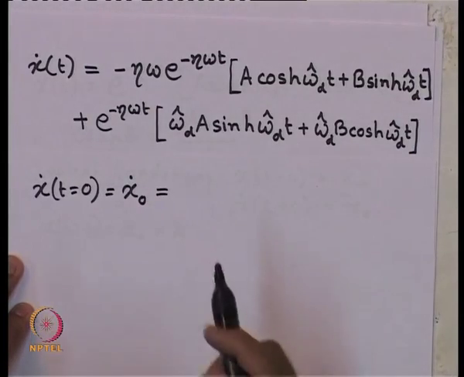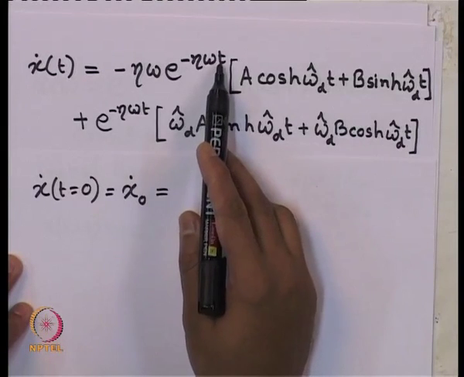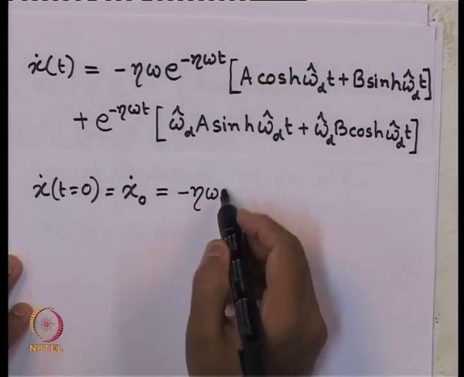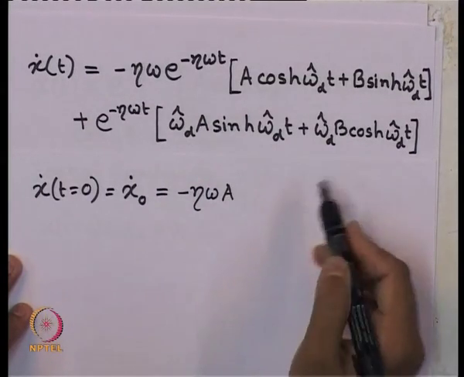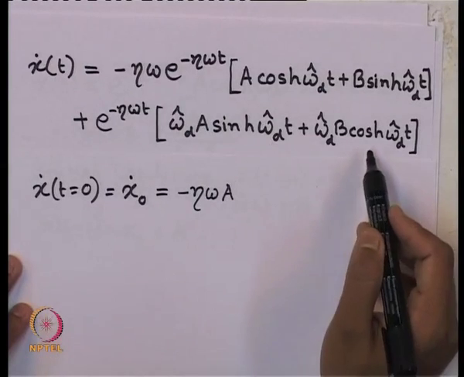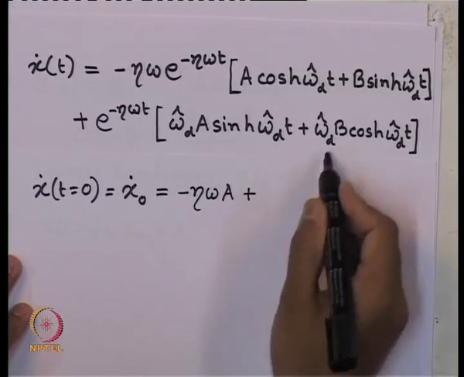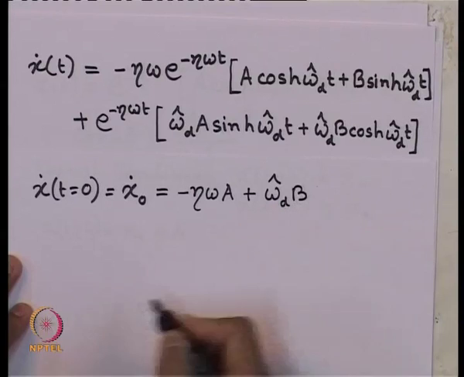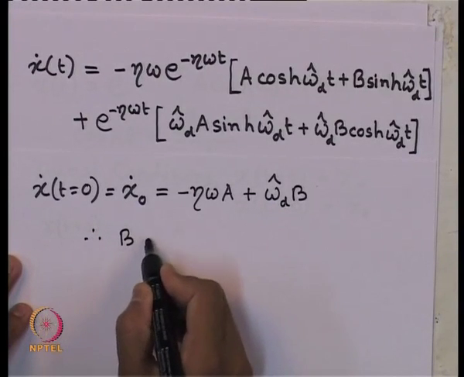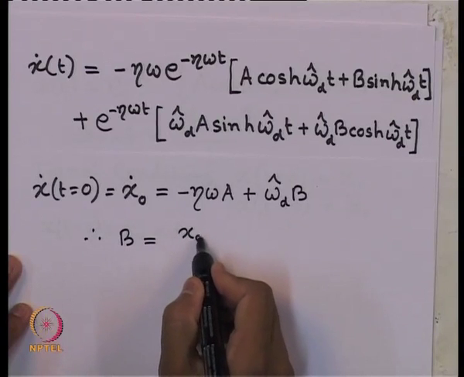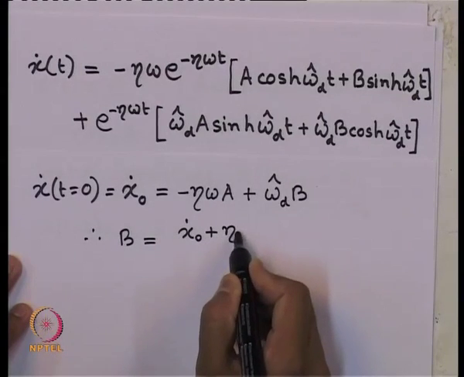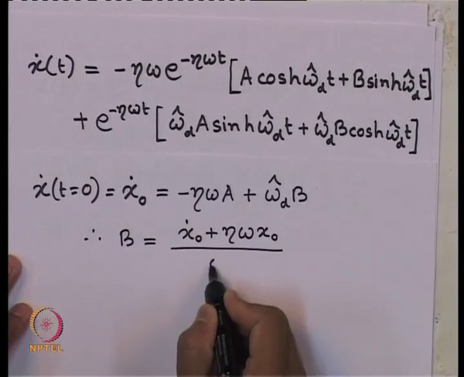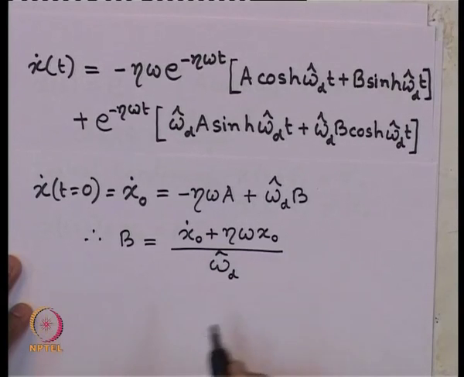In this expression if we put t equals 0, it will give us minus eta omega times a, and from this expression this term vanishes, this remains, so plus this is 1 omega d cap b. Therefore, the constant b becomes x naught dot plus eta omega a, and we have already got a, it is x naught, divided by omega d cap.